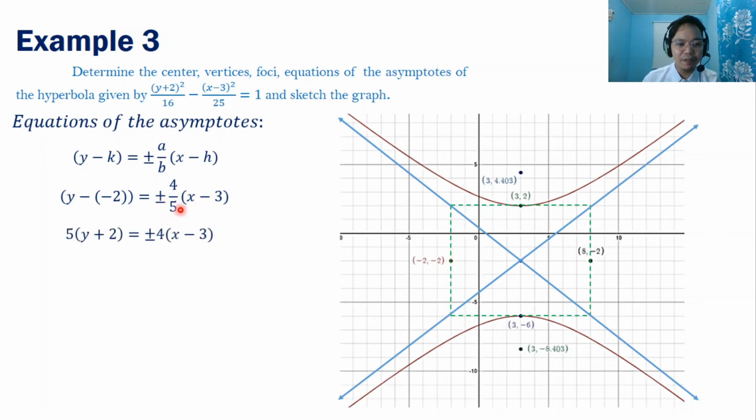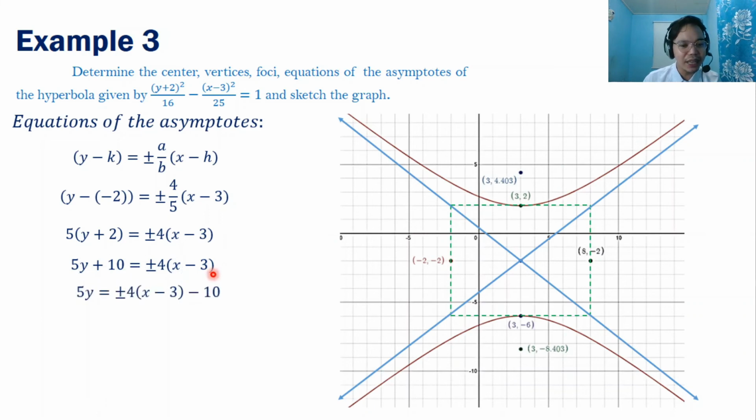Ni-multiply natin yung 5 dun sa kabilang term para mawala yung fractions natin. Then, (y + 2), yun yung galing sa taas. Then, multiply natin sa 5, equals ± 4 (x - 3). Then, dinistribute natin yung 5 dun sa y + 2. We have 5y + 10 = ± 4 (x - 3).